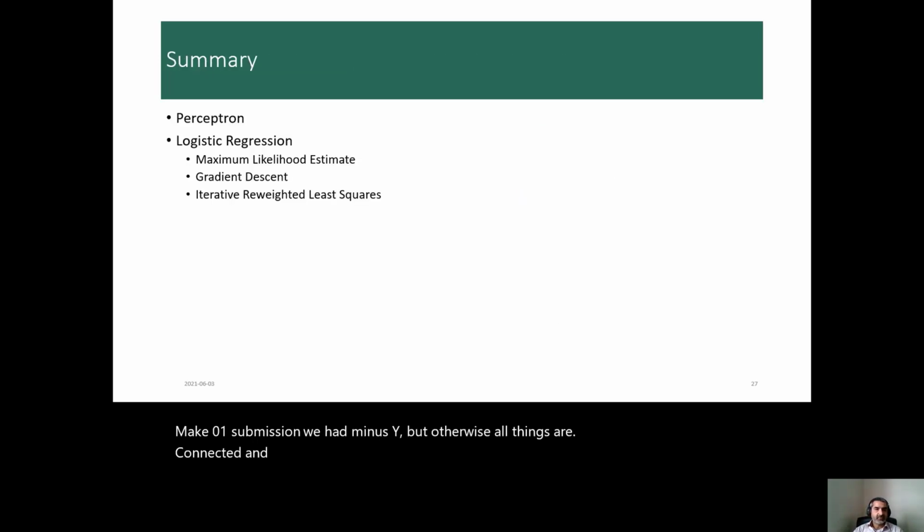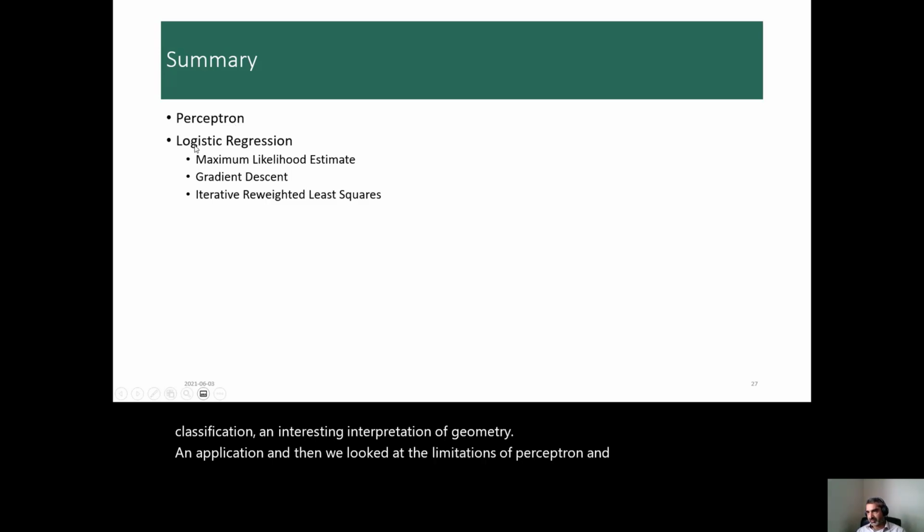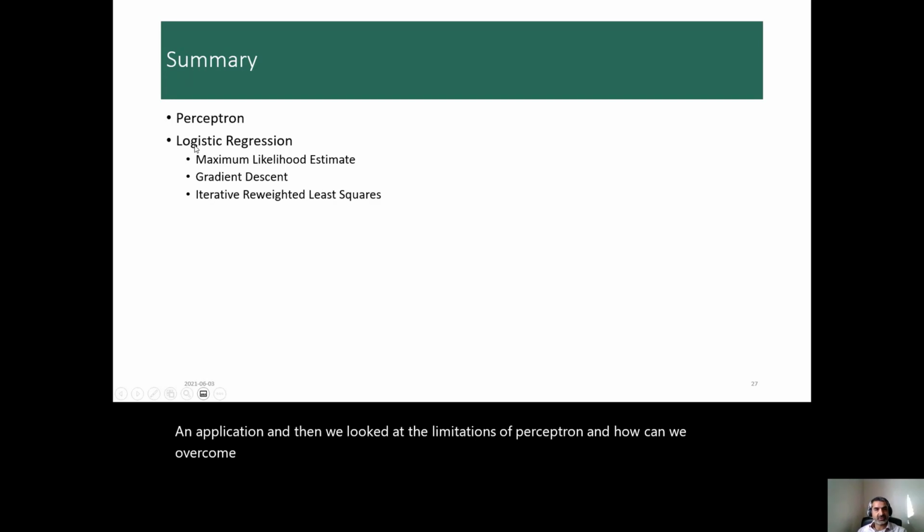So in summary, we have learned today the Perceptron for binary classification, an interesting interpretation of geometry and application. And then we looked at the limitations of the Perceptron and how we can overcome them, or we found a better solution in terms of logistic regression, which gave us the probability of belongingness in addition to the label of the class.